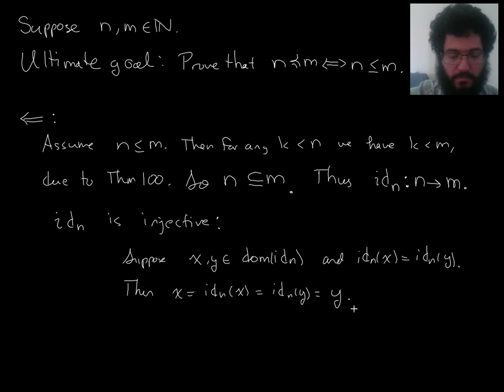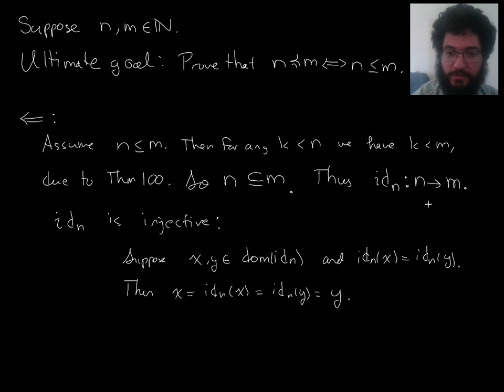Anyway, here's just a quick proof, just to leave no gaps here. Suppose that you have two things in the domain of the identity, and when you apply the identity to them, you get equal things. Then to prove injectivity, we'd have to prove that in this situation, we always end up with x equals y. And we do because x is this, which we've assumed is equal to this, which is y. So very easy, the identity is injective.